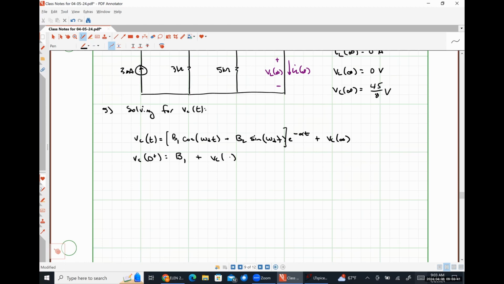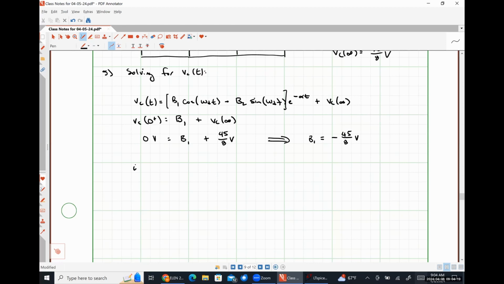I don't know why my infinity signs look like garbage today. So putting in our numerical answers, that's going to look like 0 volts is equal to B1 plus 45 over 8 volts. So B1 must be negative 45 over 8 volts. So we know what one of our coefficients for our capacitor voltage is from the jump. That's useful.